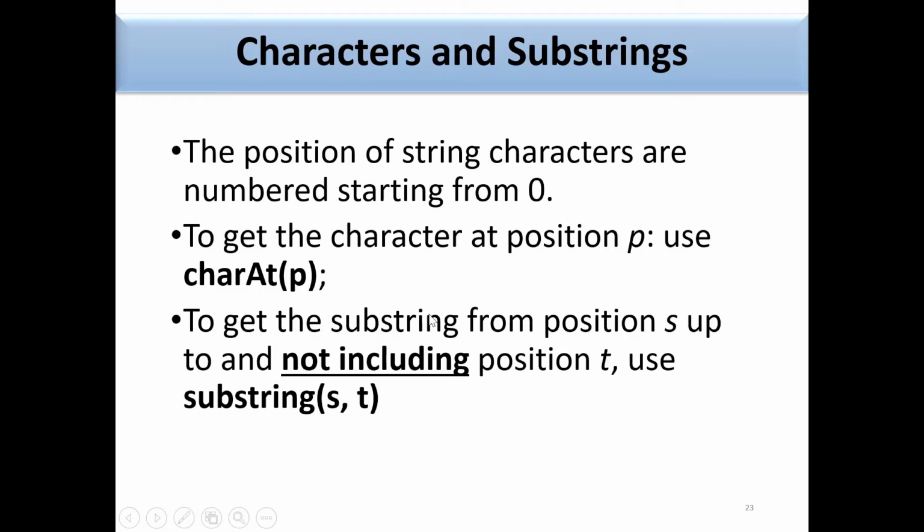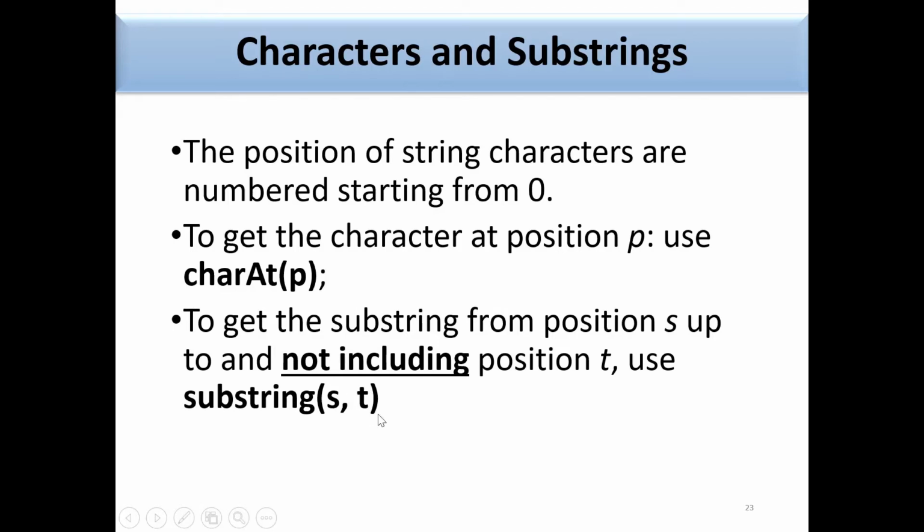And to get the substring from position S up to and not including position T, use substring(S, T). Meaning when you use the method substring, S is the starting point and T is the last position to catch. However, it will not include whatever character is at the location T.